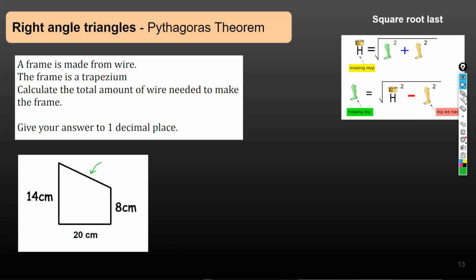Now, if you were to draw an imaginary line like this, you see two shapes, a rectangle and a right angle triangle. I think everyone could agree this is a 90 degrees here if we make a rectangle. What would be this length here? Remember, if the whole thing is 14 and here's 8, then the opposite side would be 8.